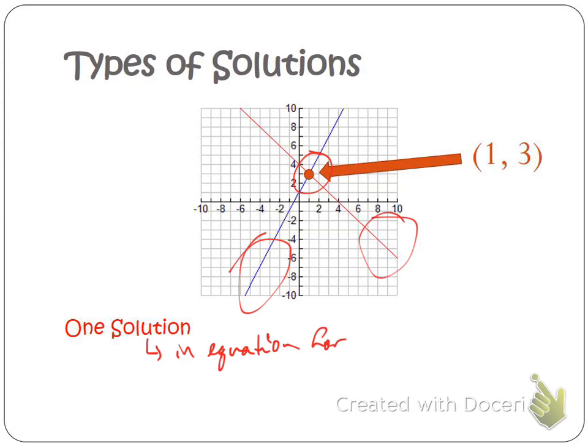If we're looking at the two equations, we know we're going to be looking for one solution if they have different slopes. Right? So if I'm going to use the graphing method, then I'm going to put the two equations in slope-intercept form and then check out the slopes. If they're different, then I'm going to have one solution.